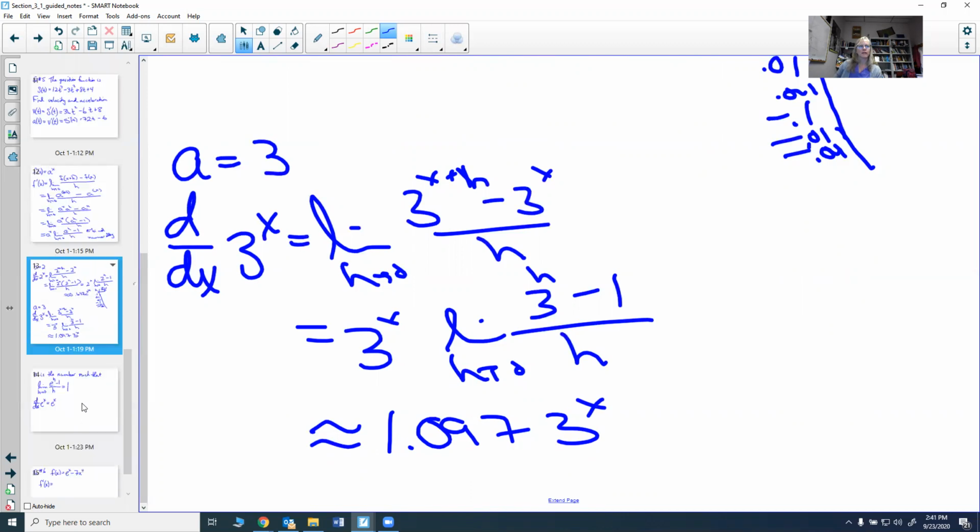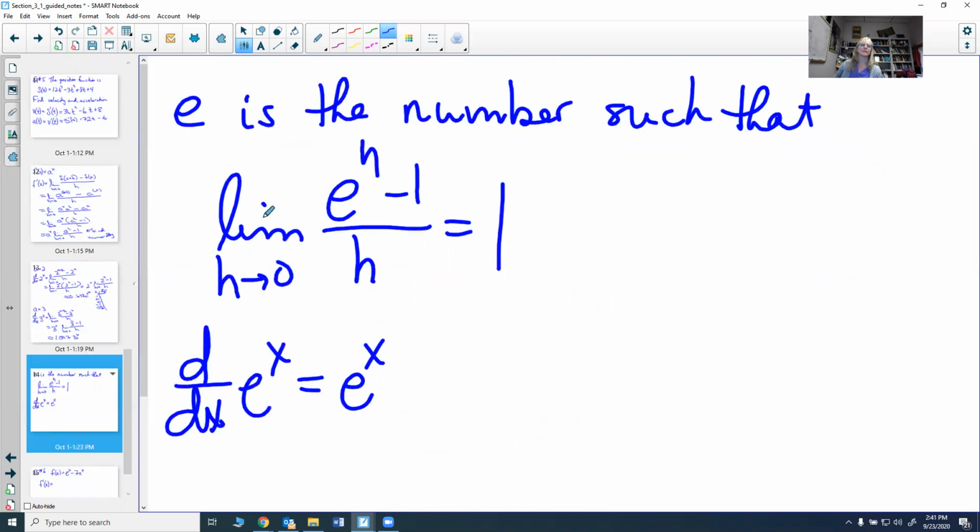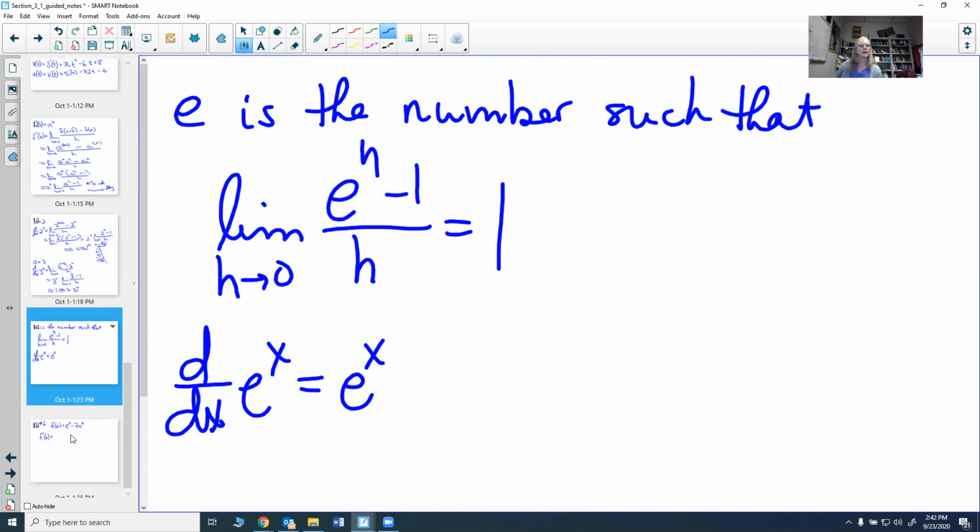And if you haven't guessed it yet, that's the number e. So e is a number such that that limit is exactly equal to 1, which means the derivative of e to the x is exactly equal to e to the x. It's the only function in the world whose derivative is itself. It's my favorite function because its derivative is in fact itself.